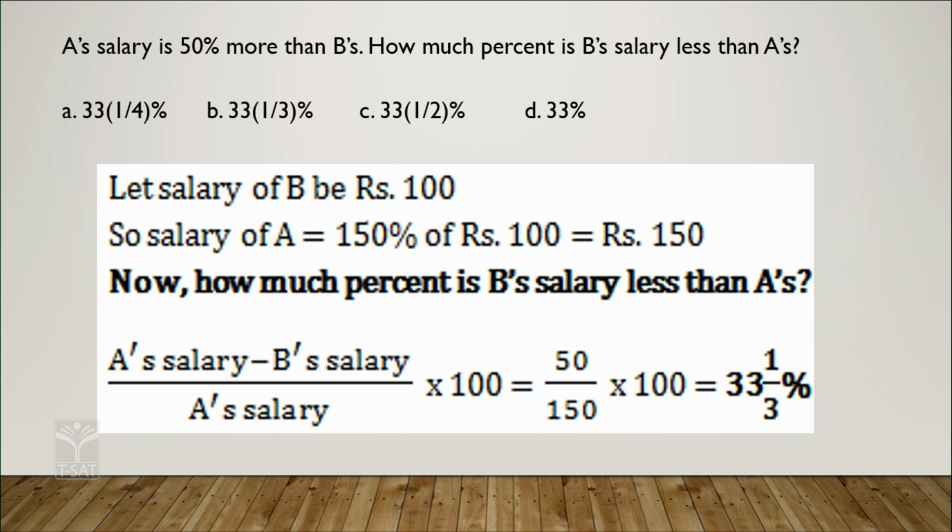So you have to assume that B's salary is 100 rupees. Then A's salary, if 50% more, means 150%, here 150 rupees. Is it clear? If you say X, then you have to calculate 150% as 3 by 2, X plus 3 by 2, and this calculation will give a little bit of confusion.